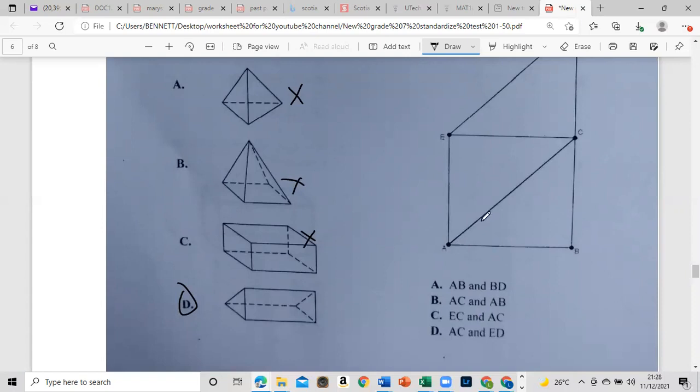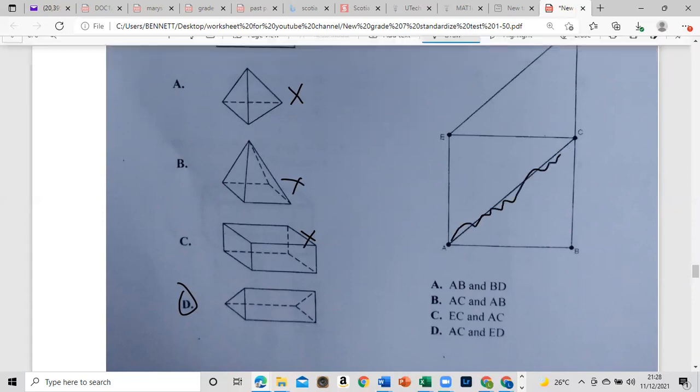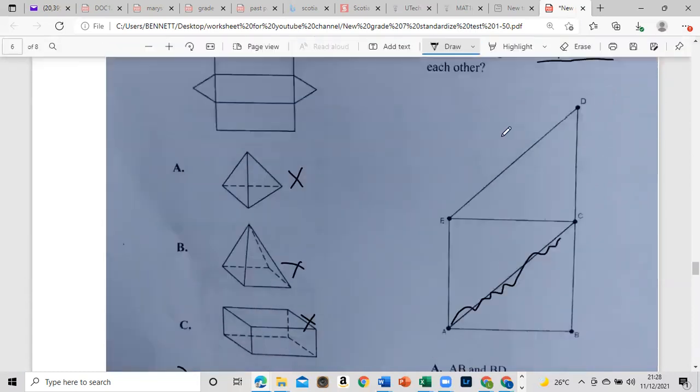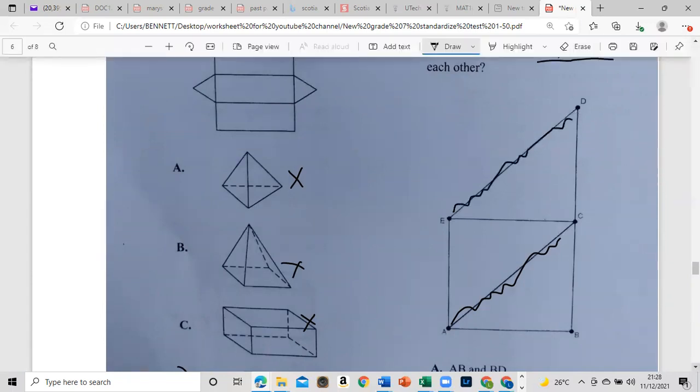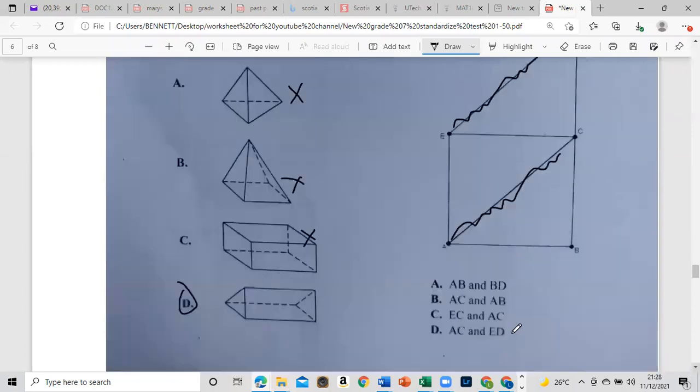AC is this line right here, and ED is this line right here. Alright, so this is correct.